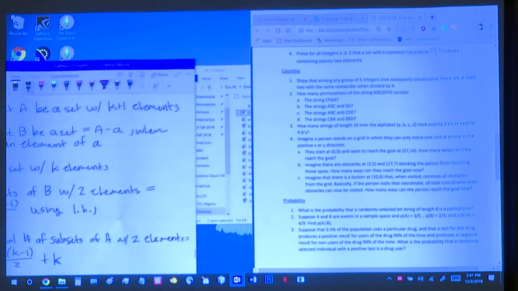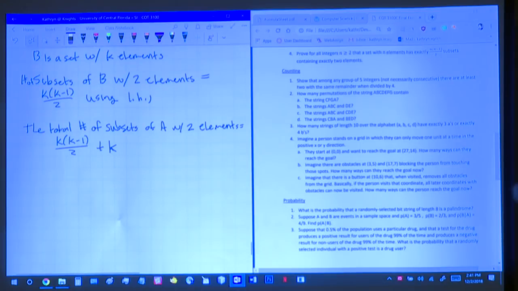And then after that we can just turn this into k times k plus 1. We'll start with k times k minus 1 plus 2k over 2. And then we'll distribute this.